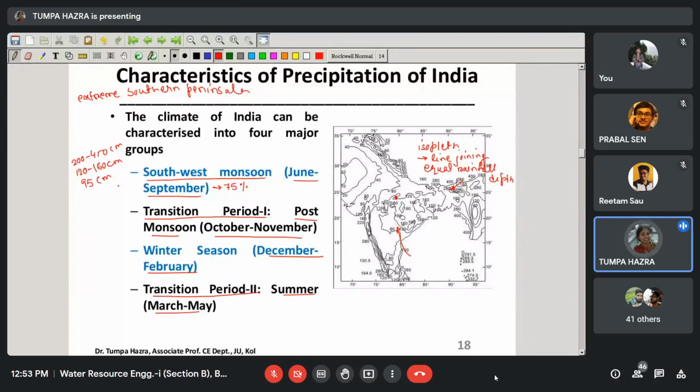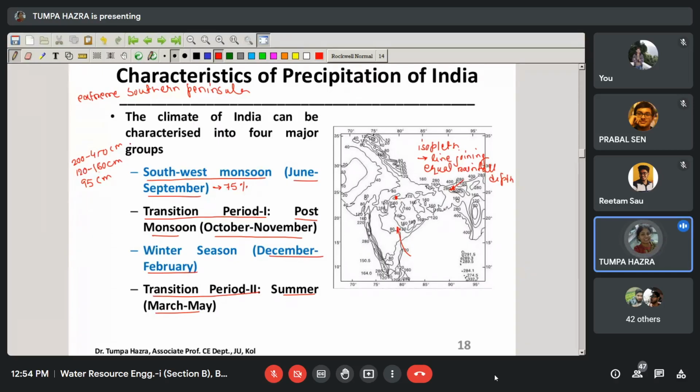Okay, now transition period 1, that is post monsoon. Whenever this southwest monsoon retreats at the end of September, low pressure areas form in the Bay of Bengal, and there is northeasterly wind flows from Bay of Bengal, which pick up moisture from the Bay of Bengal and strikes at the extreme southern peninsula.